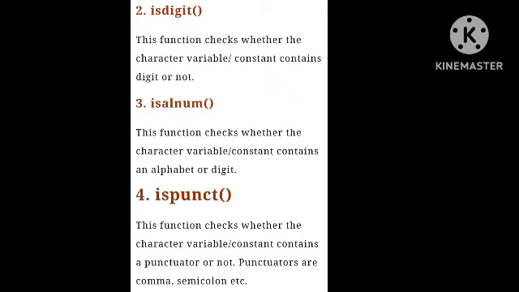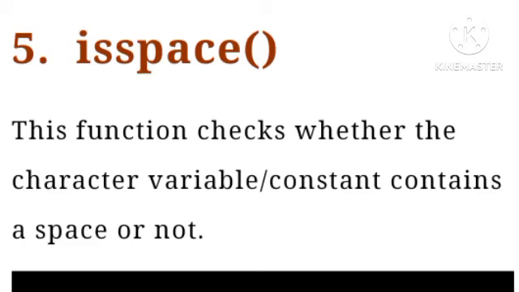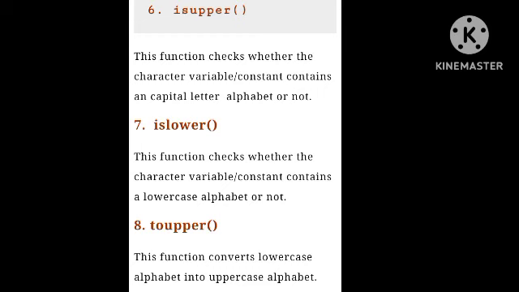Punctuations are comma and semicolon, etc. Next is the isspace function. This function checks whether the character constant contains a space or not.